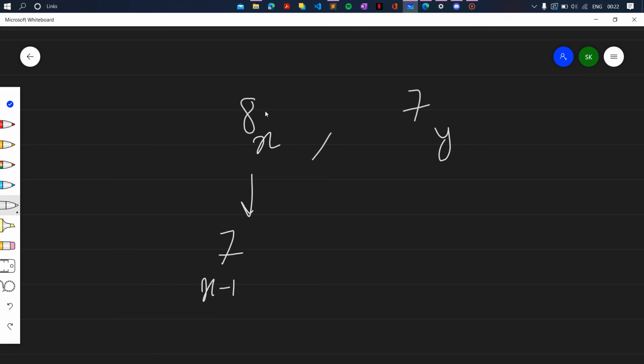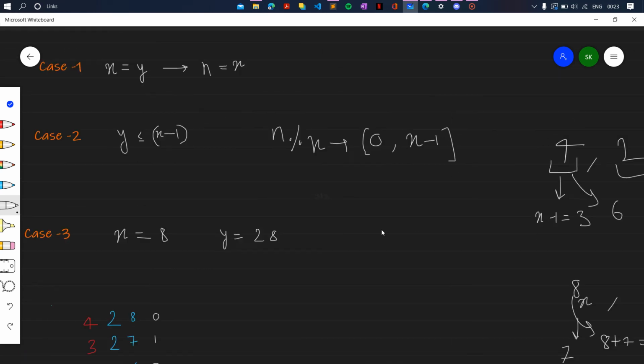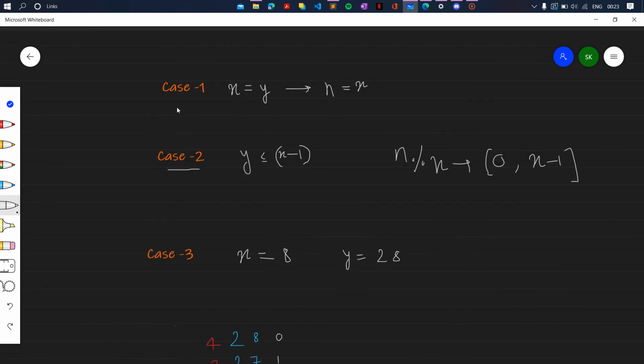Then we have to take a value of n such that n mod 8 gives us 7. That would be just 8 plus 7, which is equal to 15. So 15 would be our answer. So if x minus 1 is greater than or equal to y, then our answer would be just x plus y. So that was the second case.